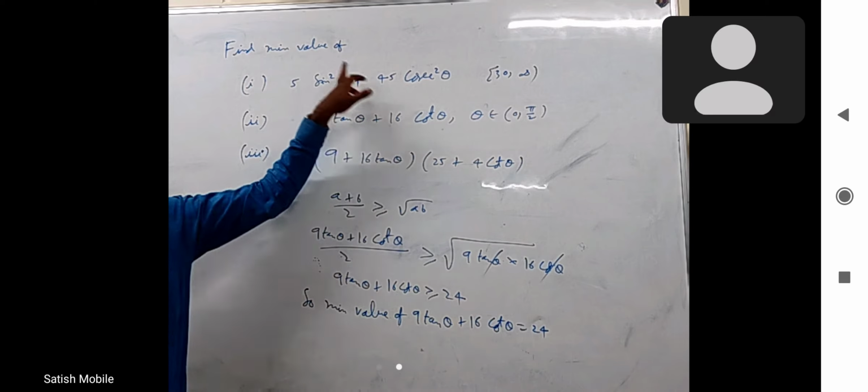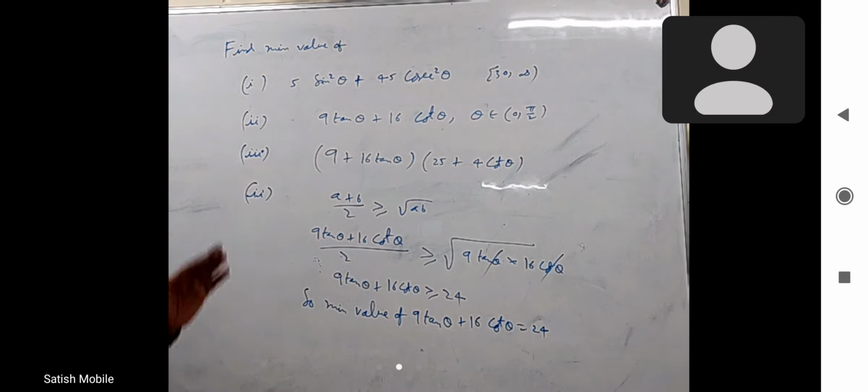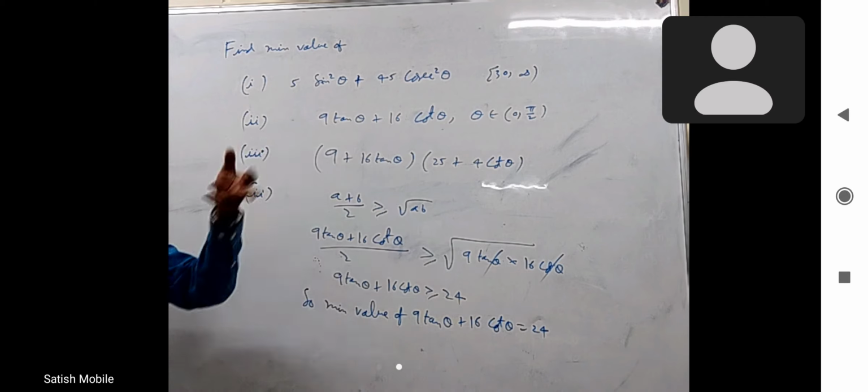When you multiply these two, they got cancelled. When you multiply these two, they got cancelled. So whenever you are able to do that, the product is constant and you want some minimum value, you can use AM-GM inequality. I took a as 9 tan theta, b as 16 cot theta. Yes, 9 tan theta plus 16 cot theta. Second question.